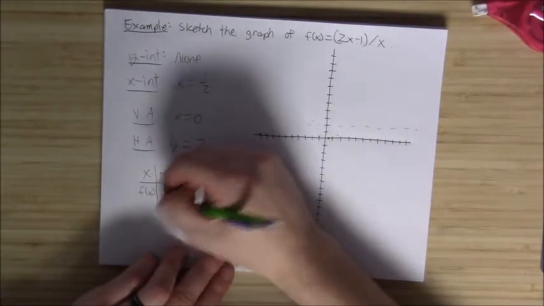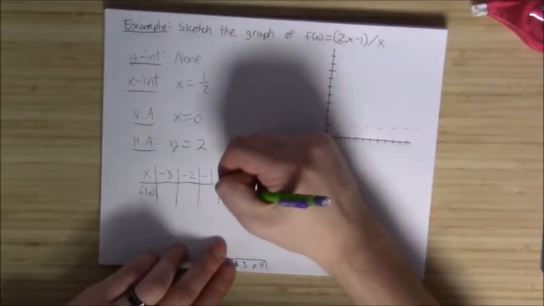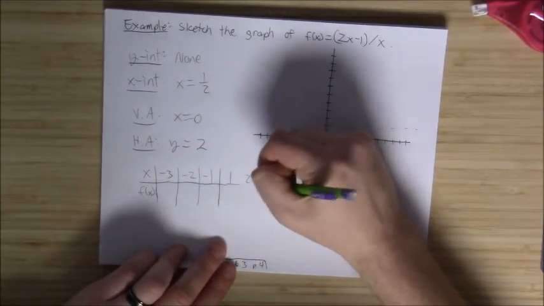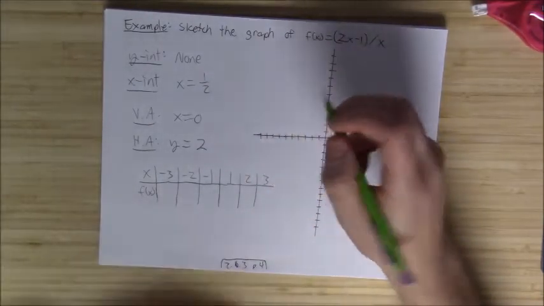X equal -3, -2, -1. 0, we know what happens. 1, 2, and 3. Why not? We'll make it nice and symmetric.